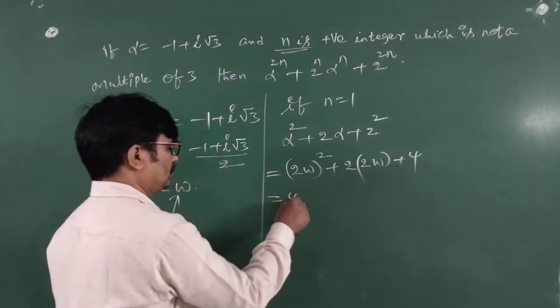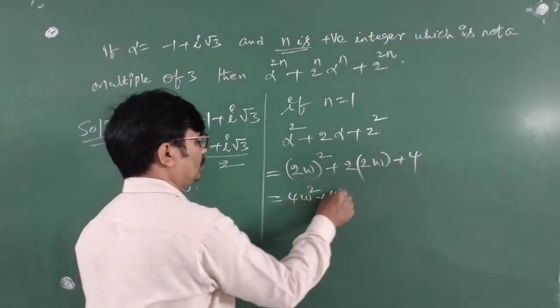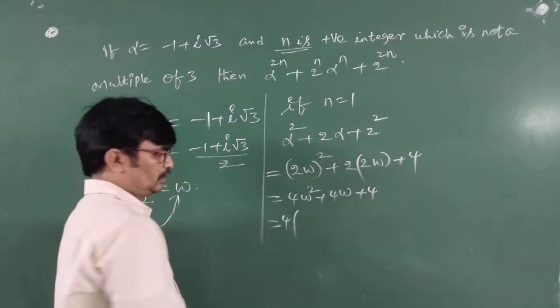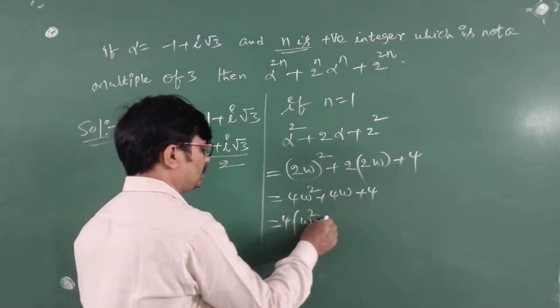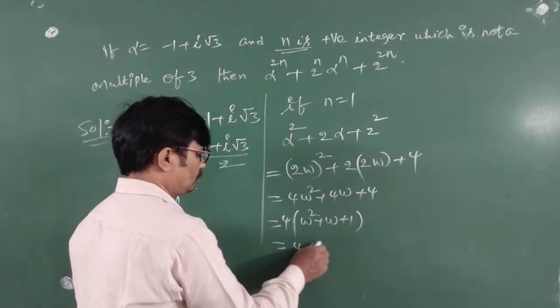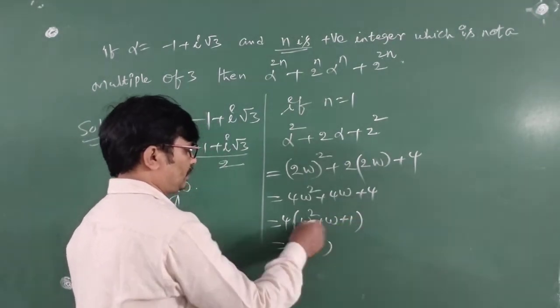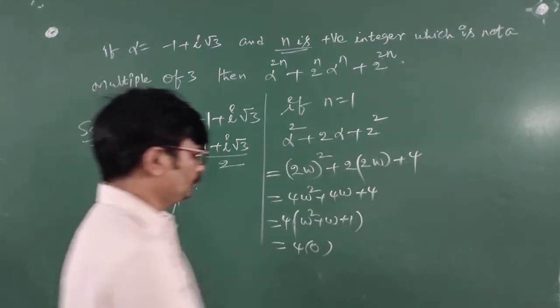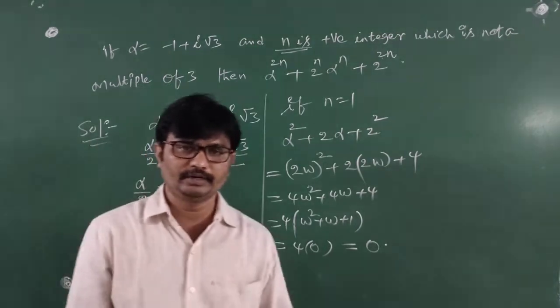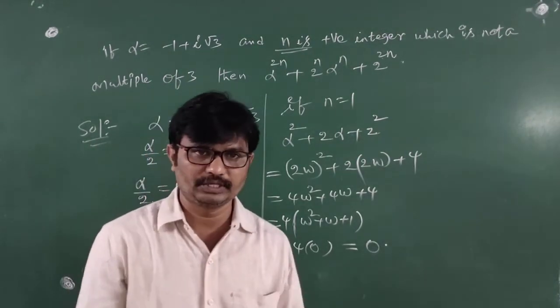Now 4 omega square plus 4 omega plus 4. 4 is common, so omega square plus omega plus 1. The value of 1 plus omega plus omega square is 0. So its solution is 0.